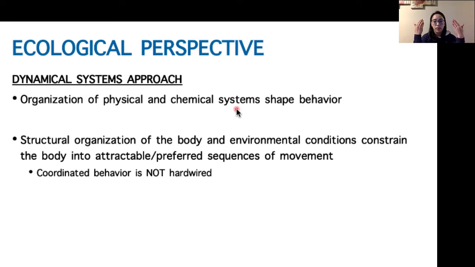That is, the chemical connection between our brain and our body, as well as physical aspects of the world, help to dictate how we interact and move with our environment. The structural organization of the body and characteristics of the environment act to constrain the functional organization of the body into different movement patterns.